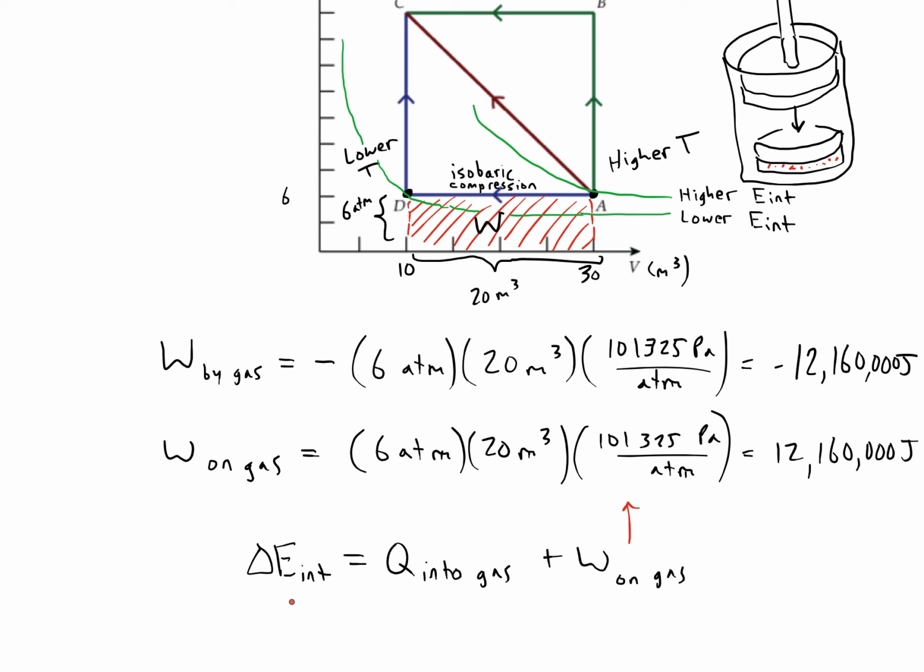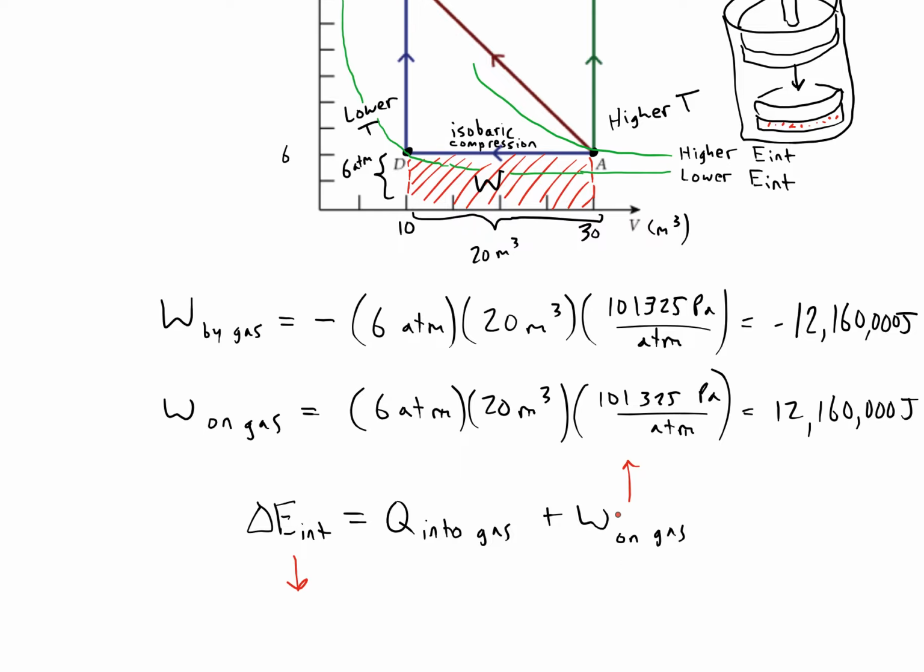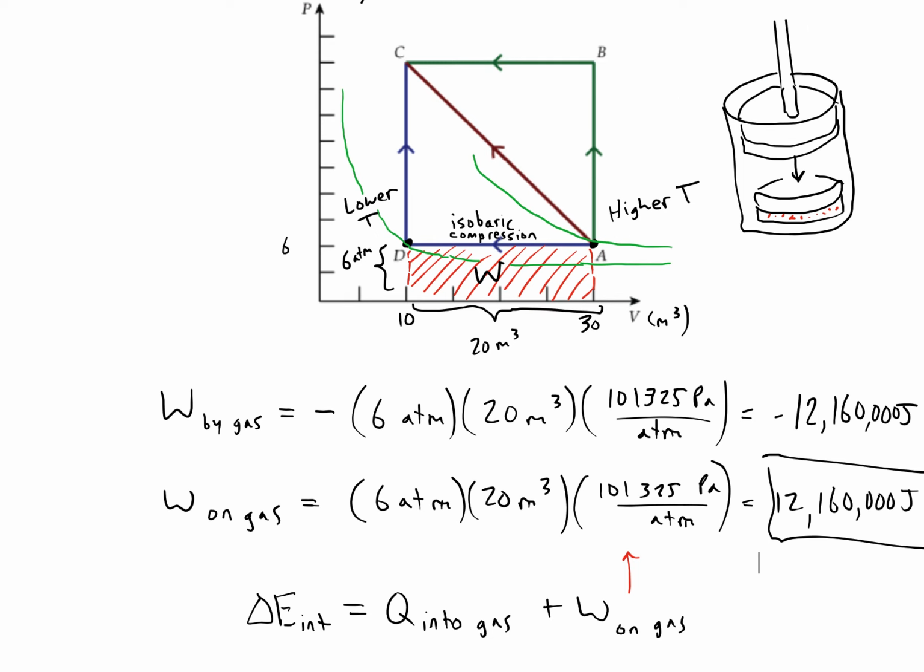But if internal energy goes down and that goes up, then it must be the case that a lot of energy flowed out. Now, when you're going from path D to C, there's no work done. Because it's vertical. That's constant volume, so there's no physical change in the piston's position.